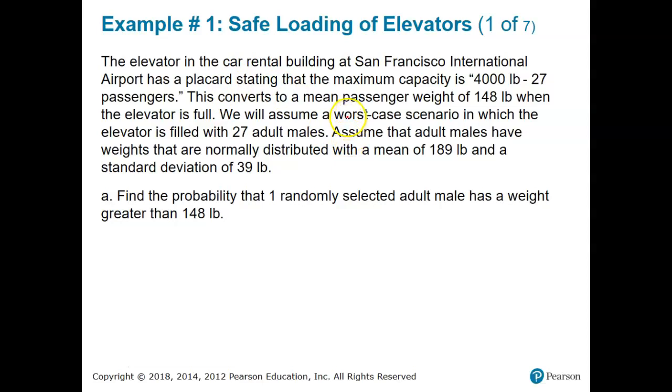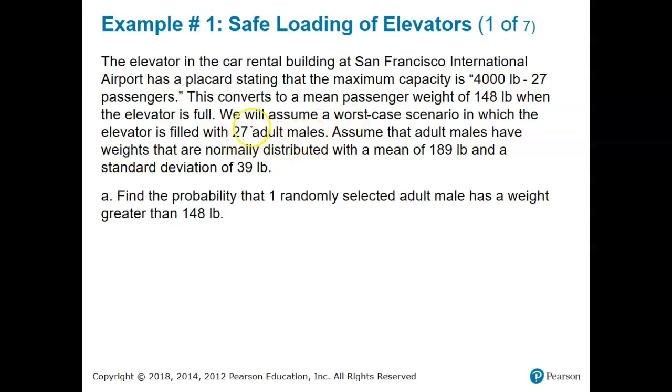I want to say something about that. From a mathematical standpoint, it's considered a worst case scenario because on average, adult males are going to weigh more than adult females. So if we're looking at the maximum capacity of an elevator, in general, the elevator is going to have its largest load when it's loaded with 27 adult males.